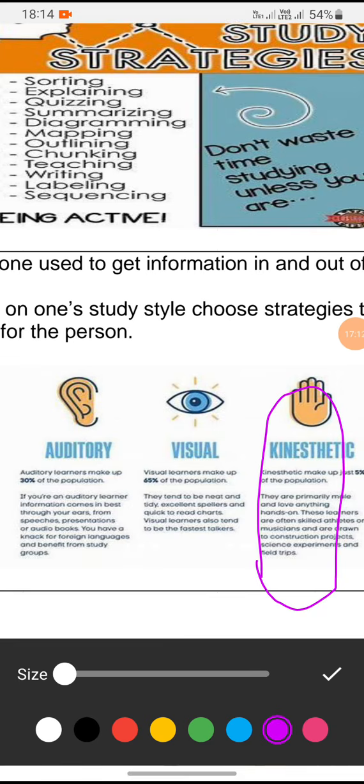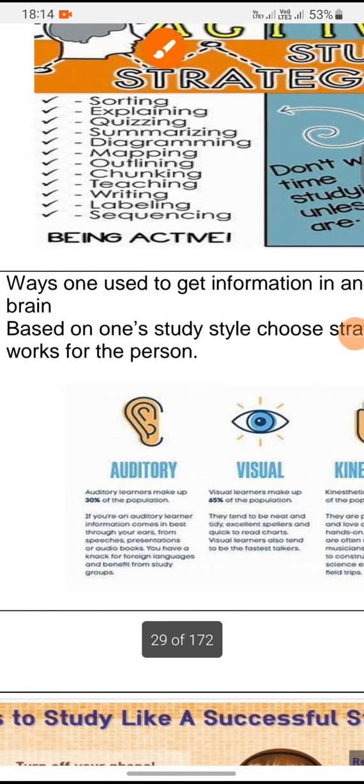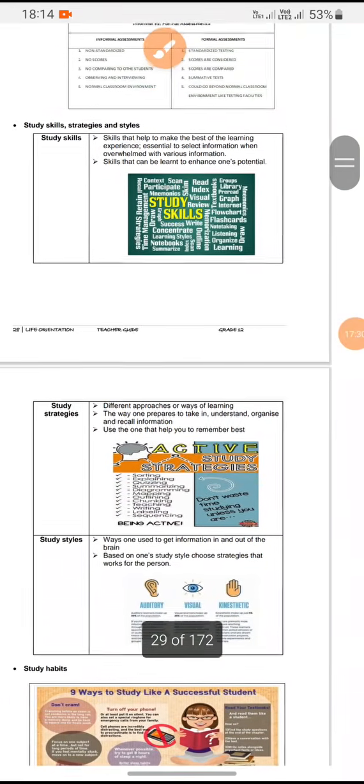They can shake their heads, they can do anything physical that allows them to acquire knowledge, to remember something. So those are your study styles. So let's go and recap.